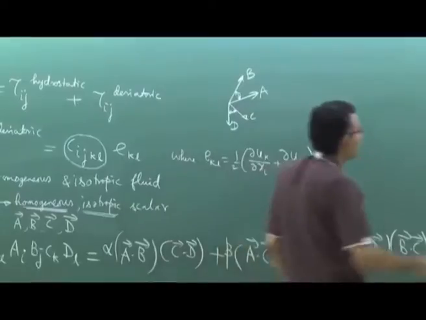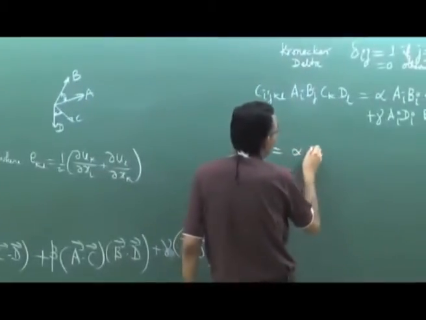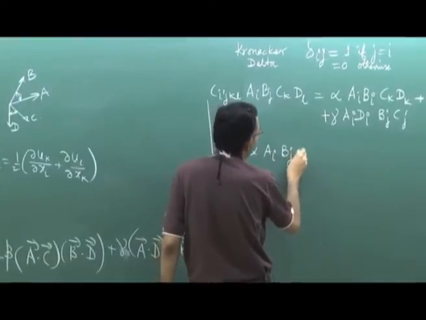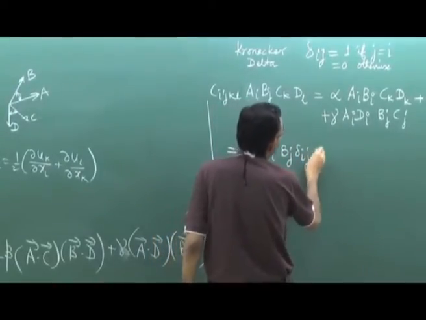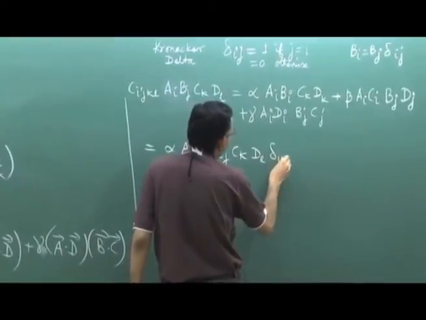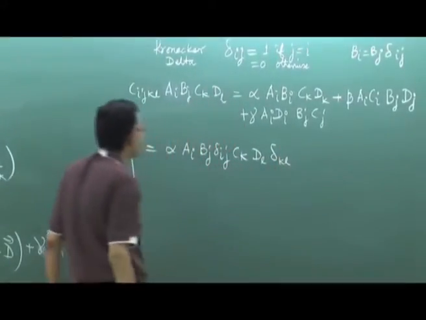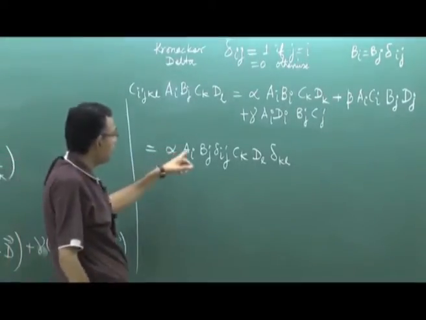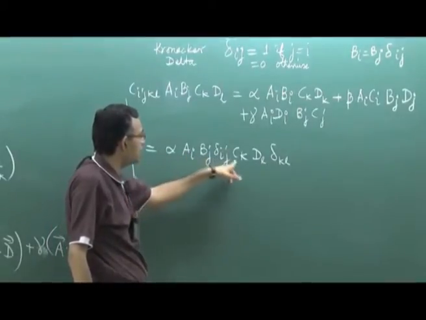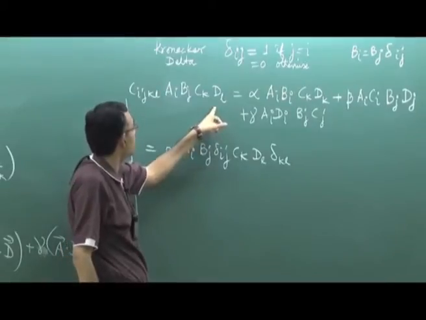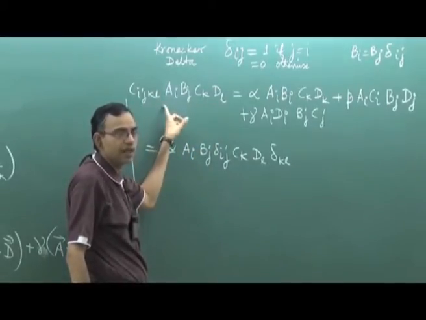So using this we will write alpha A_i B_i as B_j delta_ij, C_k D_l delta_kl. We are trying to write for all terms A_i B_j C_k D_l because that is what is there in the left hand side, so that we will get an expression for C_ijkl.